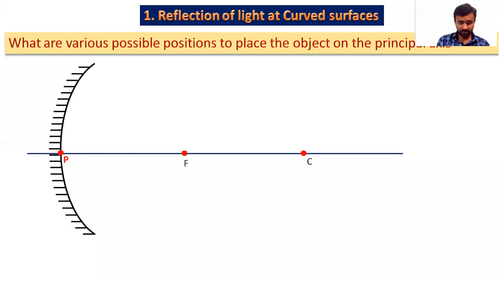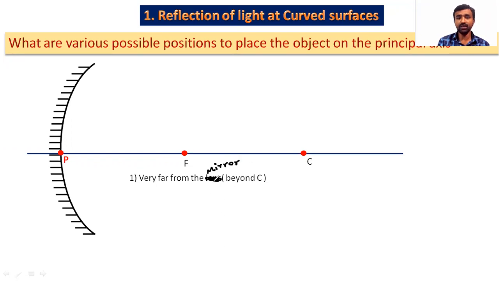Here, I'll put the object at different places, right? The first possible place is very far from the center of curvature. That means from the mirror, outside of the center of curvature, a very long distance, that we can call infinity distance, right?